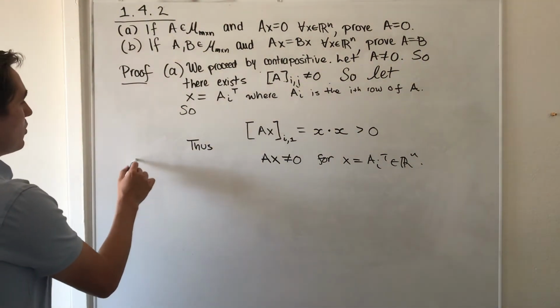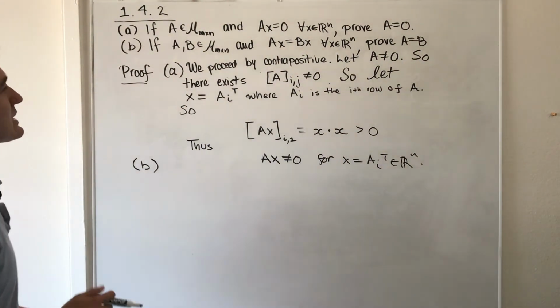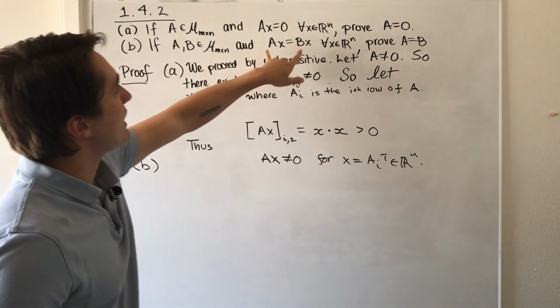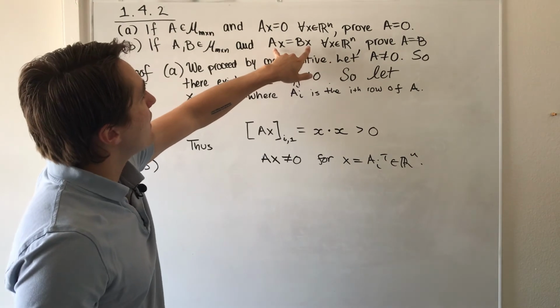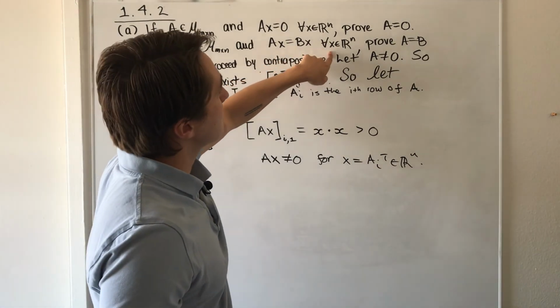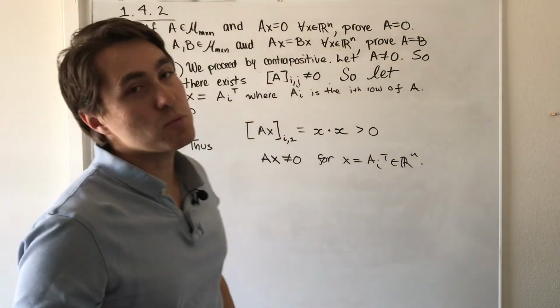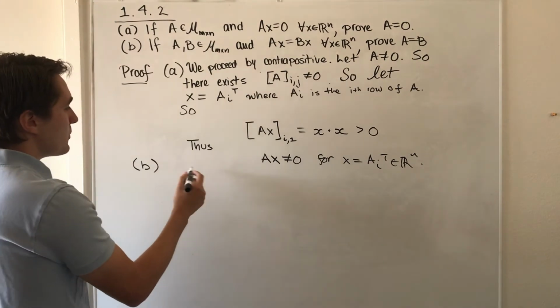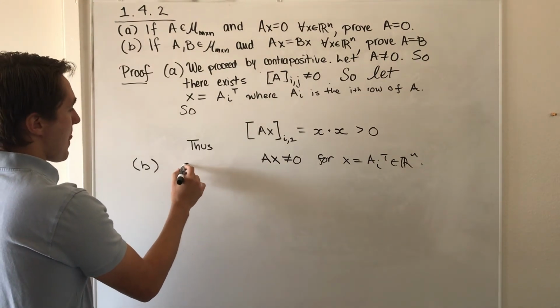Now, I think we can do part B in the remaining space because it's going to be pretty straightforward. Part B asks us to show that when we have two matrices that are equal on multiplication with the same vector x for all x, that must mean that the two matrices A and B were equal. Okay, so here's what we do.